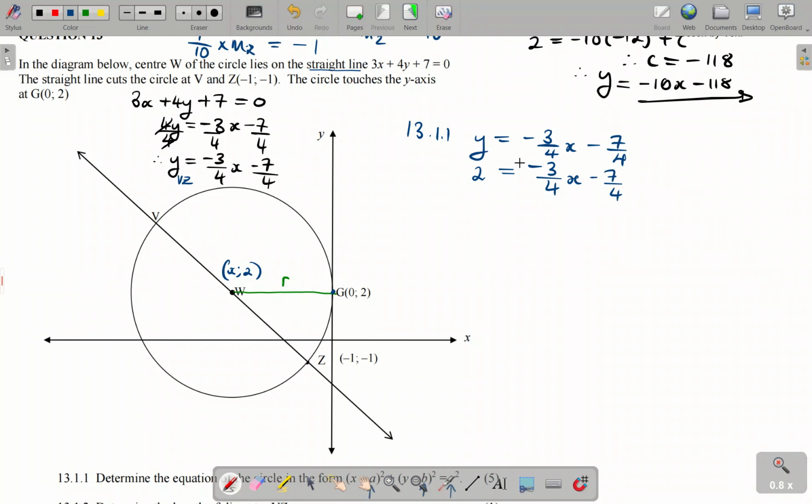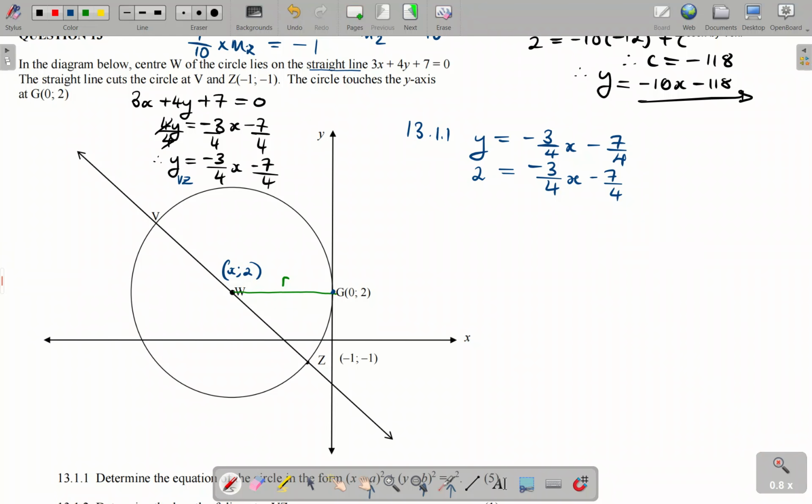Why am I using this equation? Because w lies in line vz. So we can use this equation of a straight line to say, if y is 2, what is x? Take this negative 7 over 4 to the left, it's going to be positive.